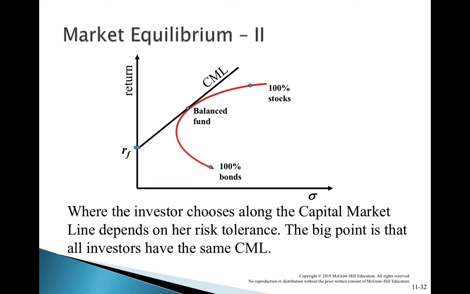Another guy whose risk tolerance is very low, what will he do? His risk tolerance is totally zero. He doesn't want to take any risk. Then he will take 100% bond. His return will be low, even less than the risk-free rate, and his risk is also low.